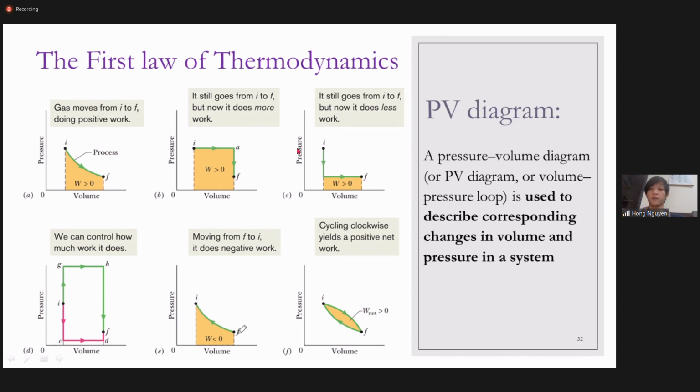We have a bigger volume in the initial state and a smaller volume in the final state. So then the gas is compressed. I mean that the gas is receiving an external force that forces it to compress. So in this case, we have a negative work. Do you agree with me?